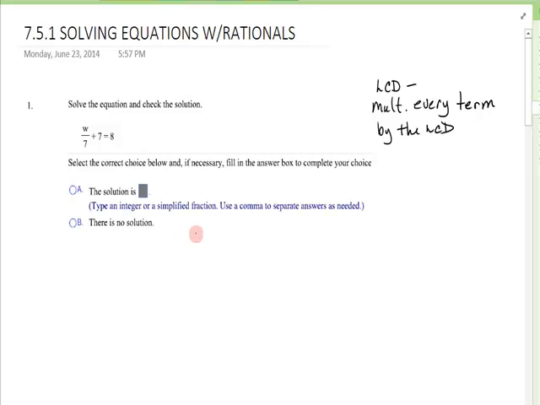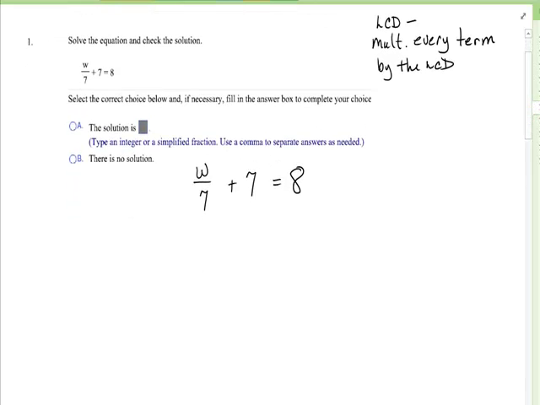In our first problem, we have w over 7 plus 7 is equal to 8. The only denominator is 7, so the least common denominator is 7. I'm going to multiply every term by 7.